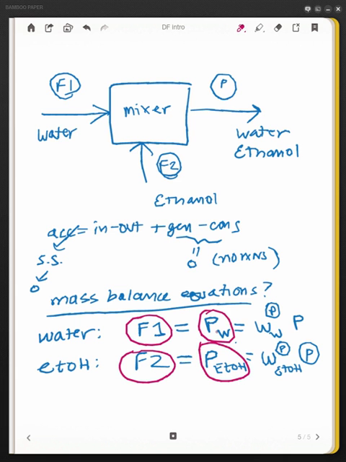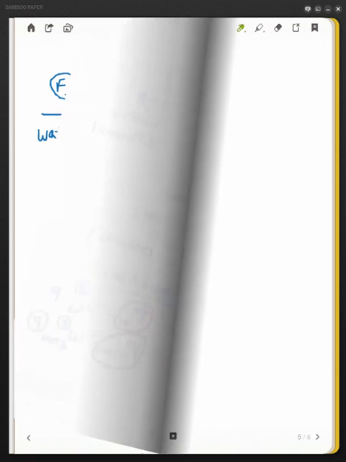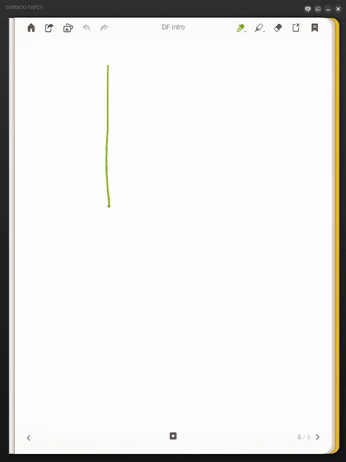However, we do have two equations. So if we were to again write that in this table, the number of unknowns we'd have would be 4. The number of independent mass balance equations we have is 2.